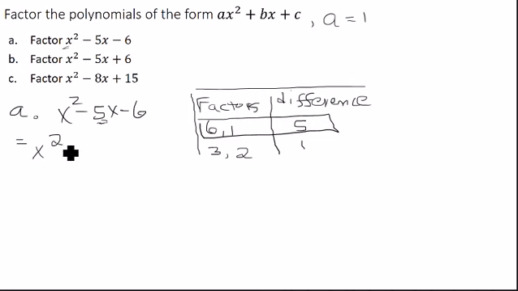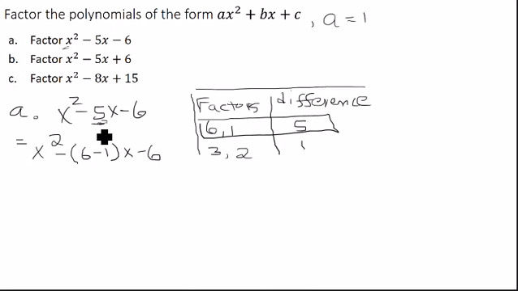So I'm going to copy the first term as it is, minus, I'm just copying the sign minus, and then I'm going to break this number 5 into two parts, which is 6 and 1, because 6 minus 1 is 5. So I'm going to put that breakdown inside this parentheses, 6 minus 1, and then x minus 6.